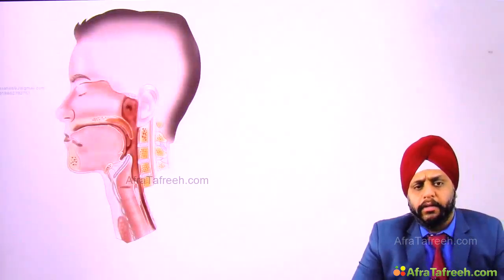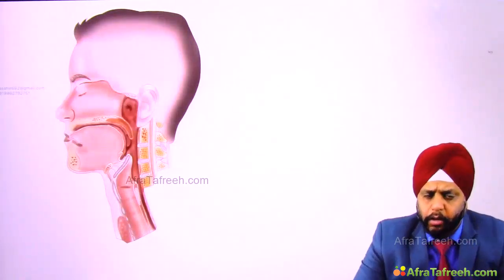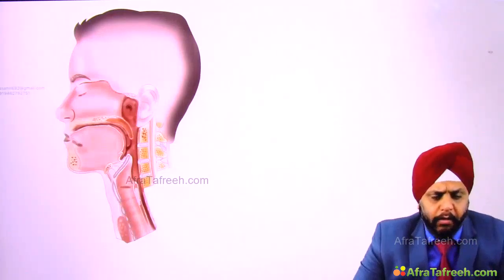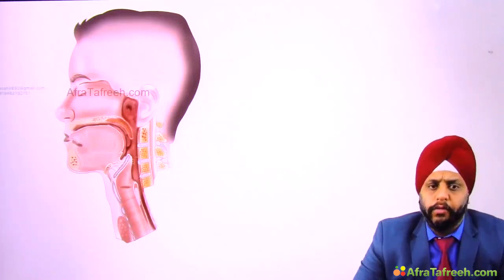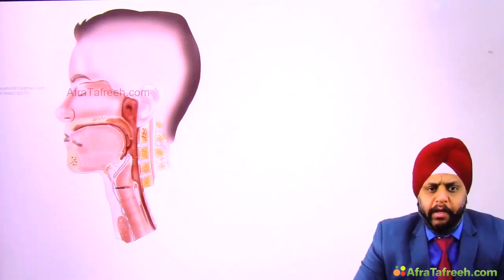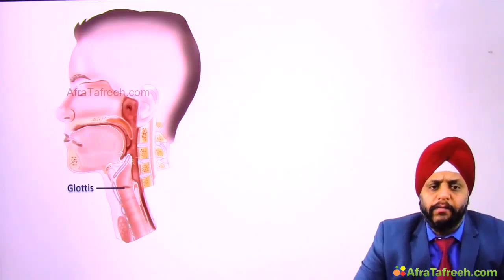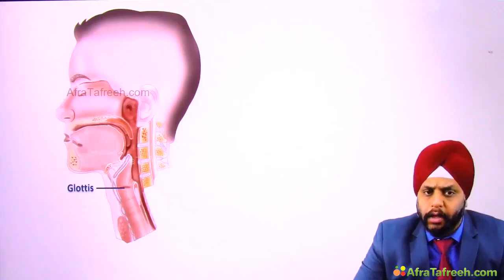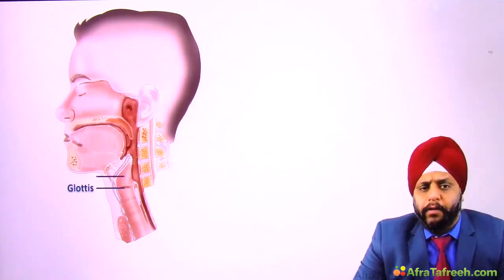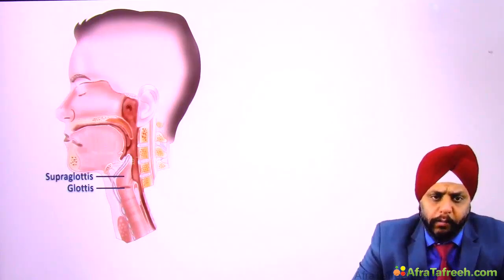We know the larynx is the voice box. In this voice box, the voice is produced by a pair of vocal folds. The place where we have the vocal folds, where the sound is produced, is known as the glottis. The part above the glottis is known as supraglottis.